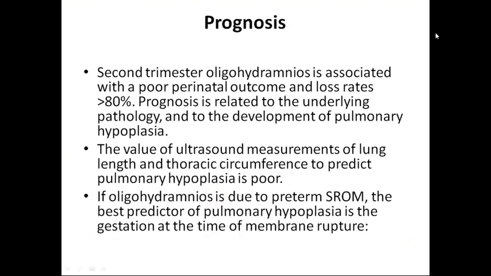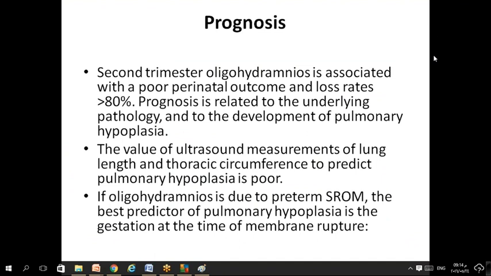What is the prognosis? The main determinants of the prognosis are the cause and the gestational age.